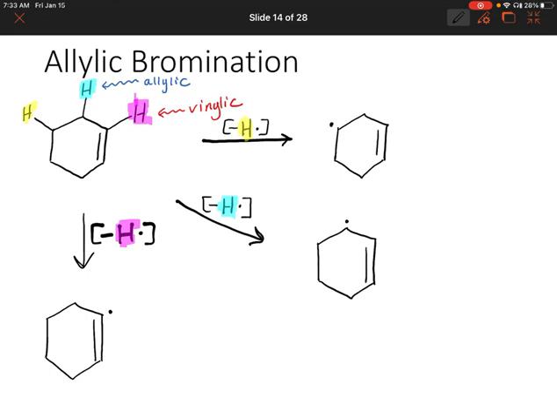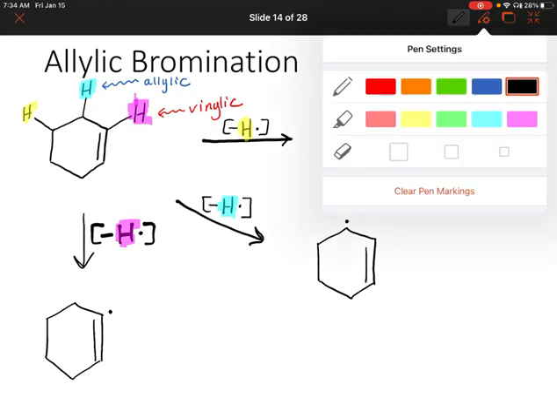Okay, so which of these radicals is the most stable? So let's look at the radical after abstraction of the yellow hydrogen, so the top radical that we drew. Let's see, so that is a secondary radical, right?